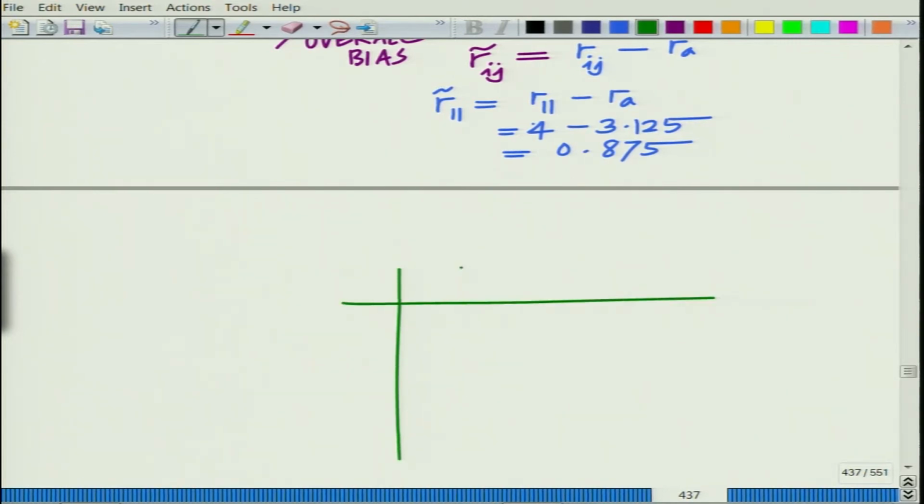Once again you can form this table for these R tilde, that is after removing bias.